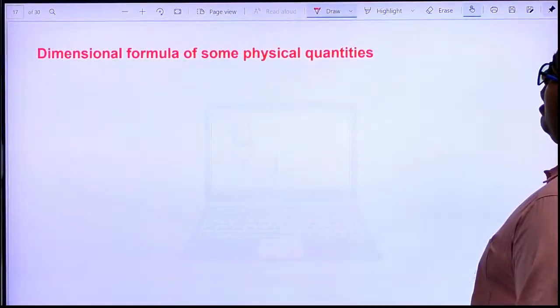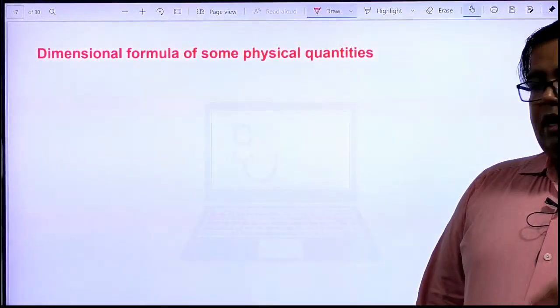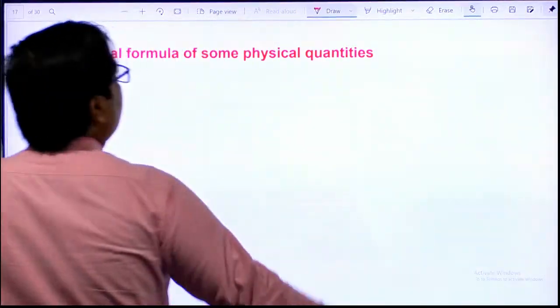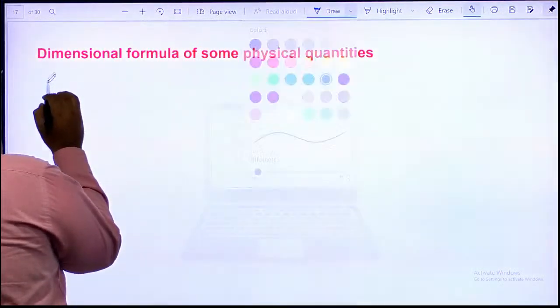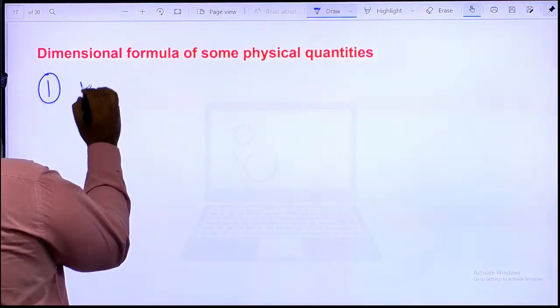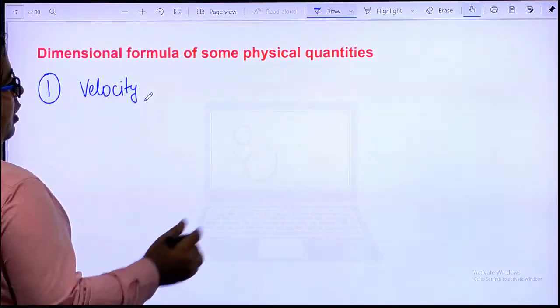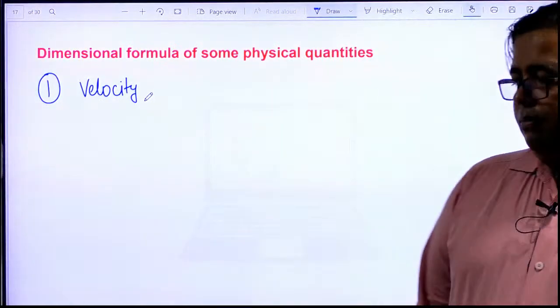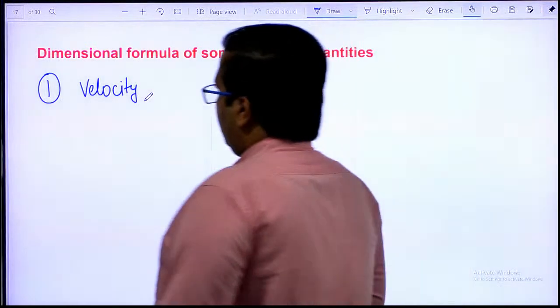Let's derive the dimensional formulas of some physical quantities and see how we represent them. I'm starting with the first one, velocity. I have not written it here because we have to derive it.